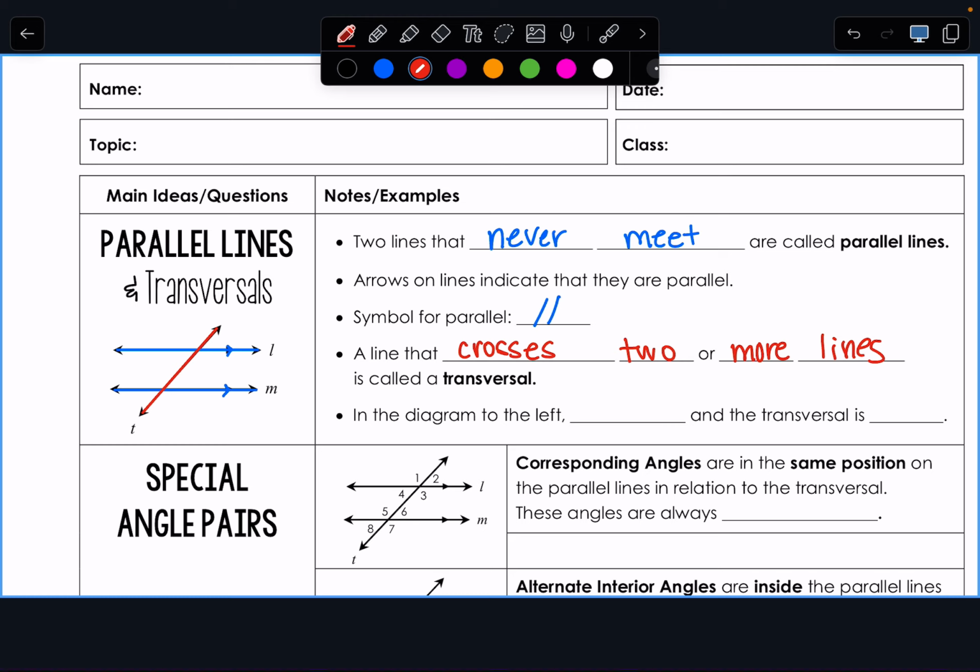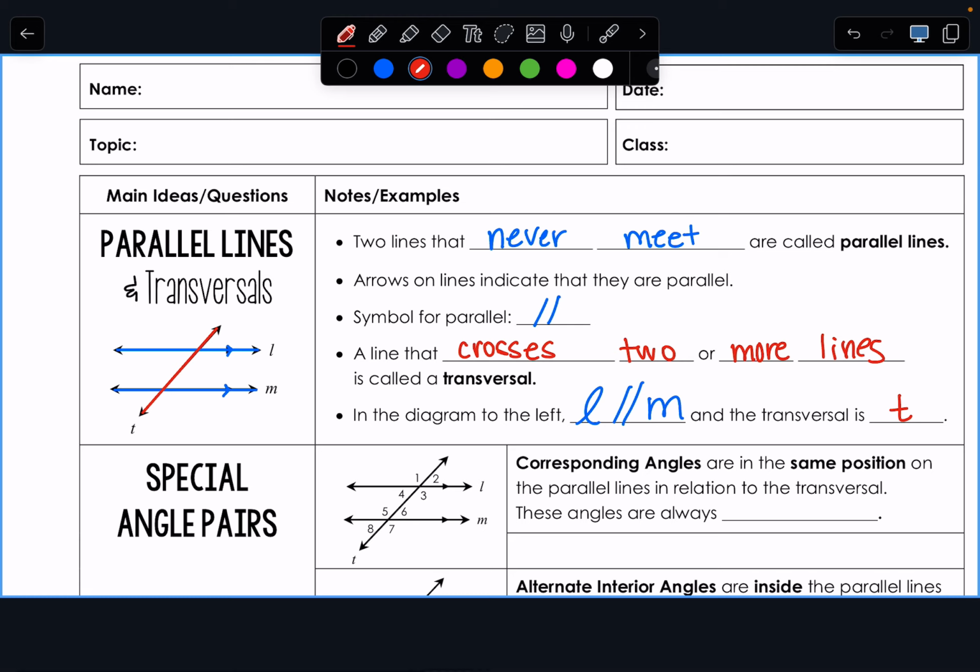I'm not going to make you write that anywhere, but I'm going to refer to it as the transversal. So in this picture that we're going to work with, line L is parallel to line M, and then line T is our transversal, okay?